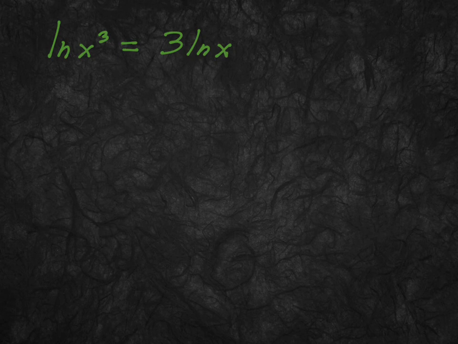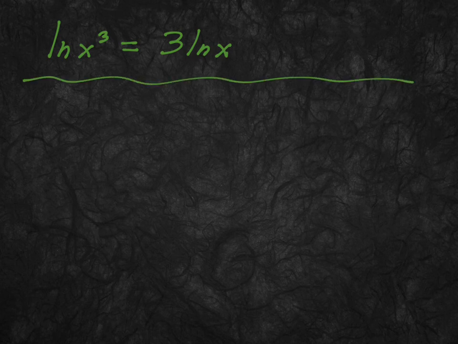Now, logarithm properties work whether the base is 10, 7, or e. So if we see the natural log of x cubed, we can rewrite that as 3 natural log of x. We can pull the exponent of x out front, just like we could with regular logarithms. Now they can be solved too.